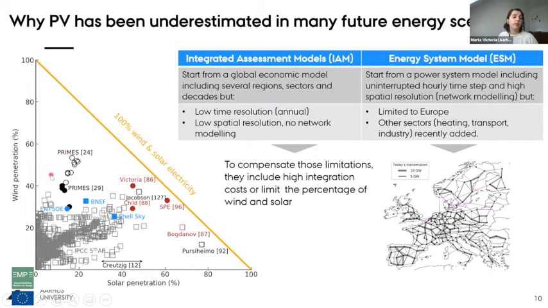Notice that this is also the case for all the PRIMES scenarios that Jacob was presenting a couple of presentations ago. All of them are included here and include solar penetration below 20%.